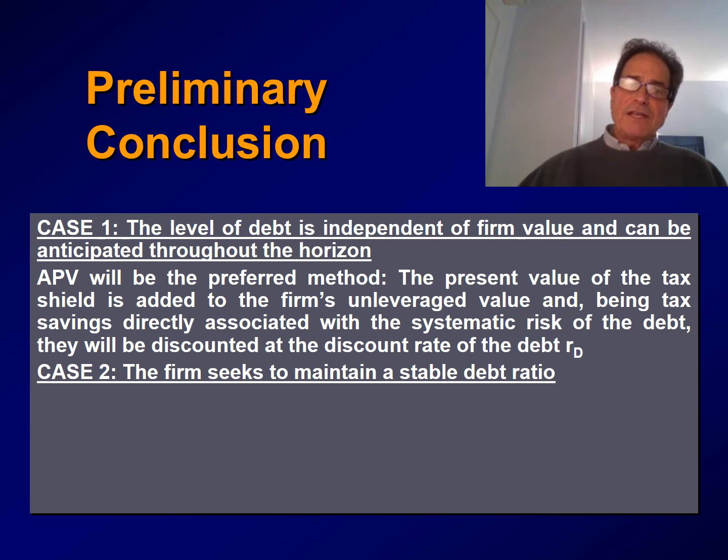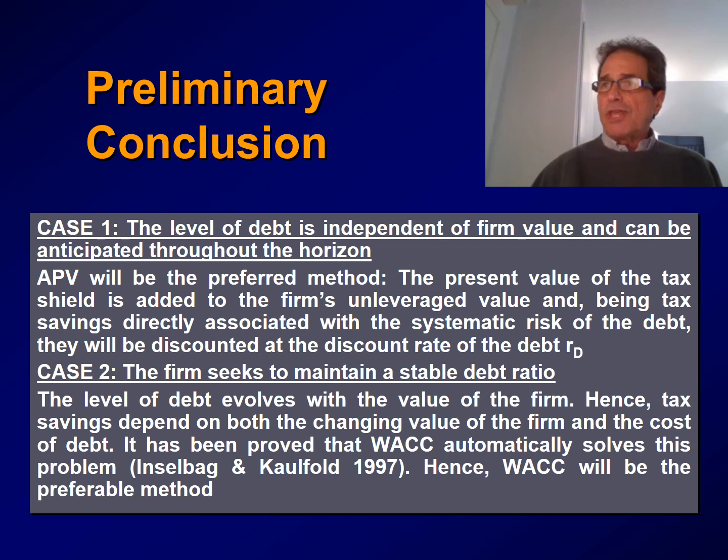The other extreme case is when the firm seeks to maintain a stable debt ratio. Well, this is precisely the main assumption behind WACC. So it makes sense to think that in this case, the value of the firm should be computed using the WACC rate as a discount rate.